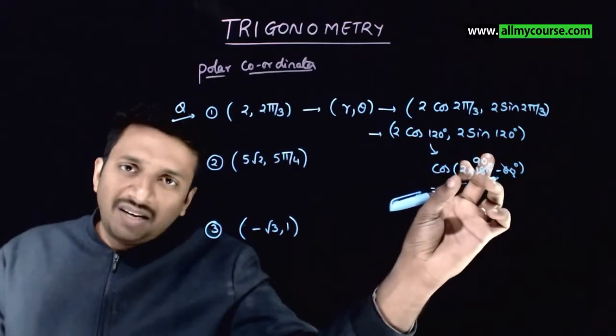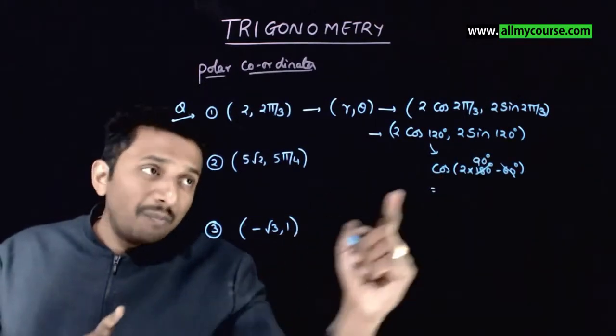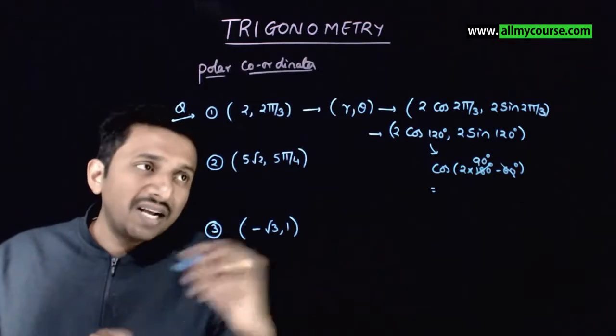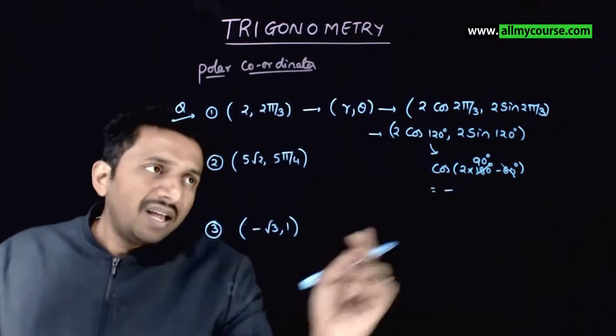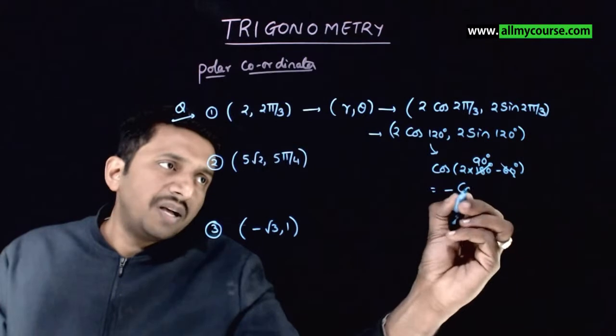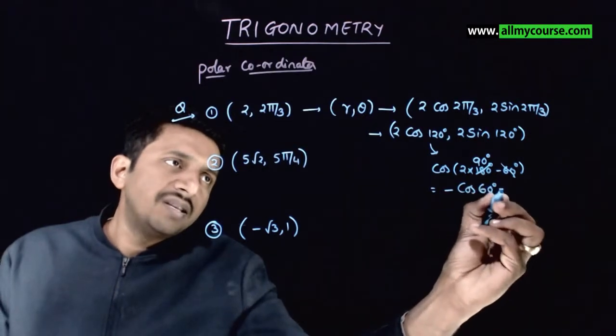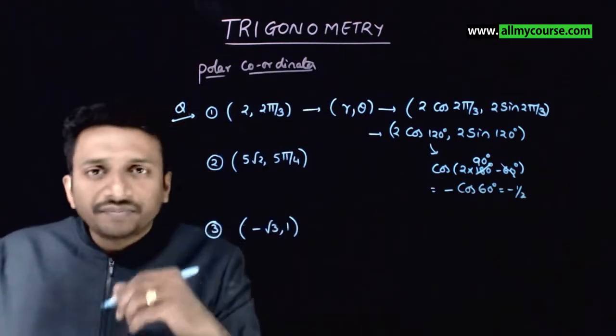So 2 times 90 minus something gives an angle in the second quadrant, so cos is negative, and the number is even, so cos becomes cos 60 degrees, that is equal to minus half.